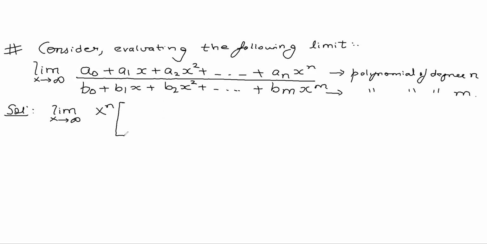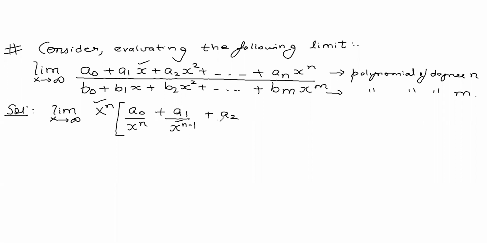Inside, what am I left with? Now it's a0. Outside, I've taken x to the power n common, so this will become x to the power n plus a1 upon x to the power n minus 1, because this and this will cancel and make it x.